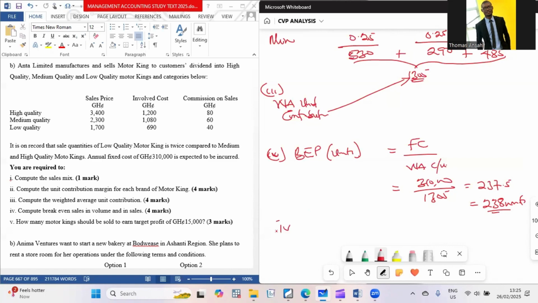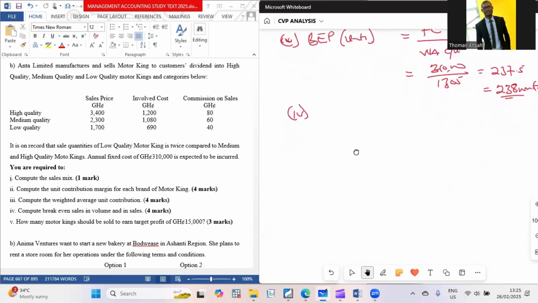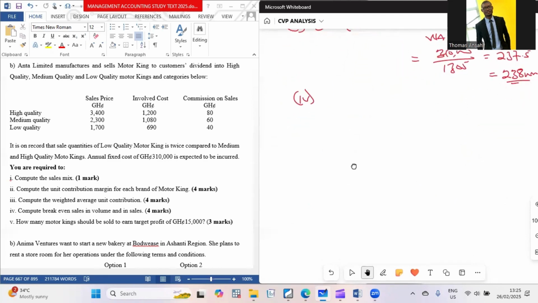What about the value? The break-even point in value, we have to do it in proportion, is that not it?